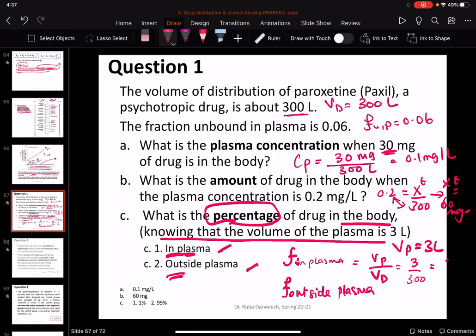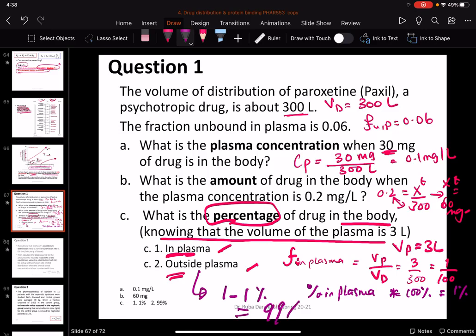This would be 1 over 100. If we are talking about percentage, multiply by 100, this would be equal to 1%. The fraction outside of plasma would be 1 minus 1%, which would be equal to 99%.